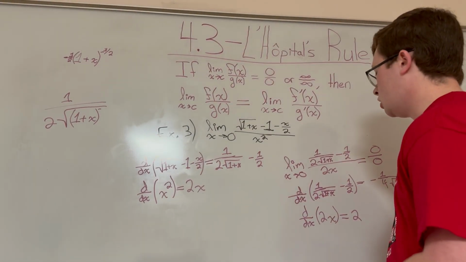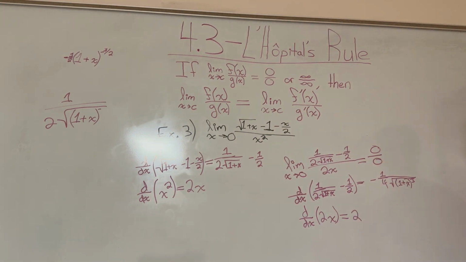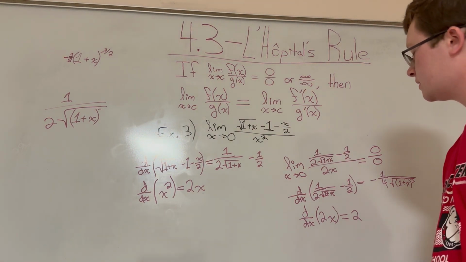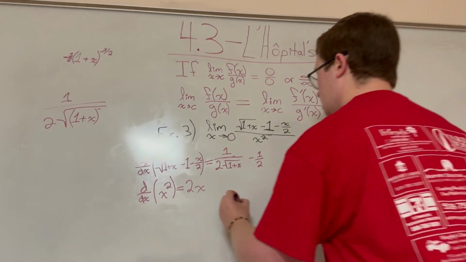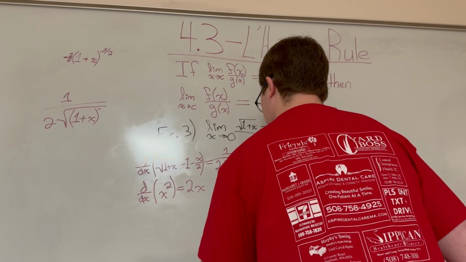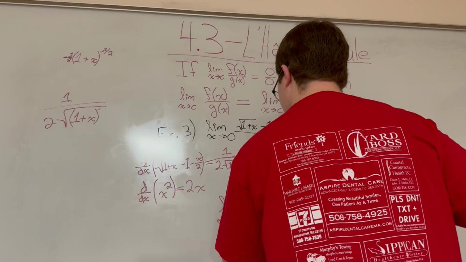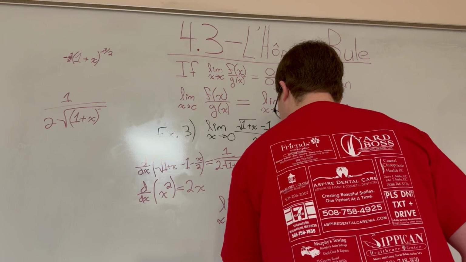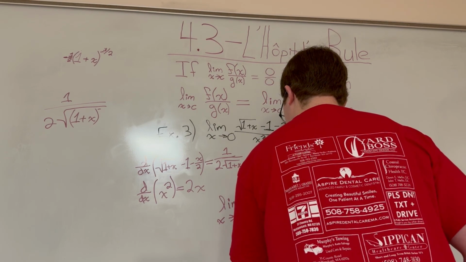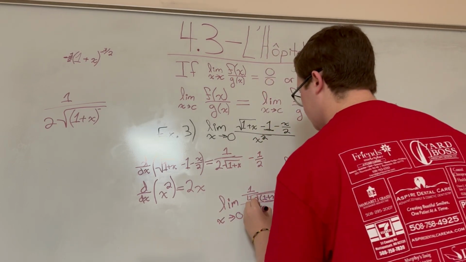All right, so as x approaches 0, hopefully you got the derivative of the numerator to be negative 1/4 times the square root of 1 plus x cubed. Hopefully you got the derivative of the denominator to be 2. So let's use L'Hopital's rule to plug that in as a limit as x approaches 0 of the derivative of numerator over derivative of denominator.